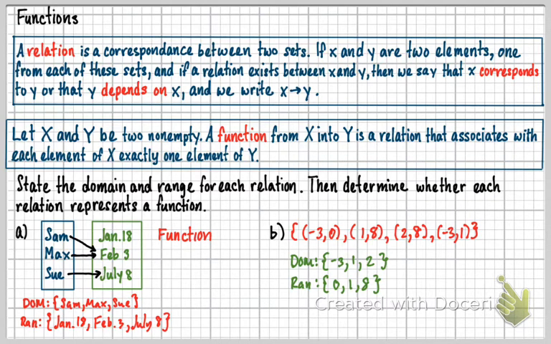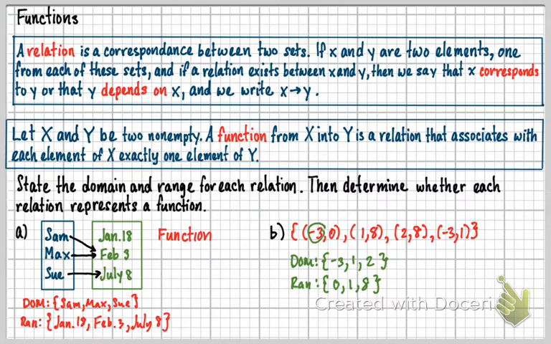Now I have to determine if this is a function. In order to be a function, it says a relation that associates with each element of x exactly one element of y. So now I'm going to take a look at that component here. That x, which is -3, so I just go to my domain here, so I'll try -3.